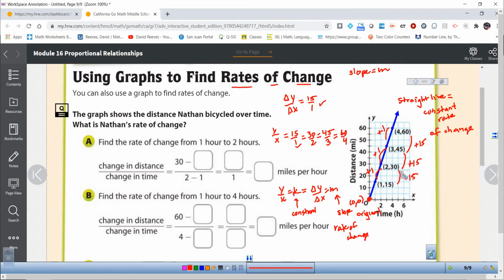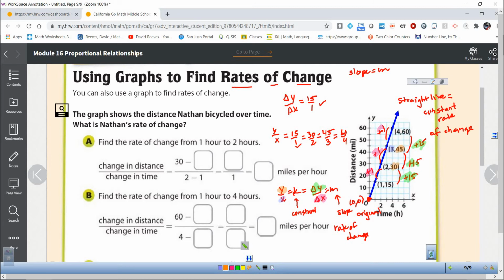So again, the rate of change is this one right here. It's the difference between the y's. Let me color code it here. And the difference between the x's, okay? That's our rate of change. Where our y over k, let me use 2 different colors, okay? Our y over our k is simply take any of these y values, like this one, over any of these x values, okay?